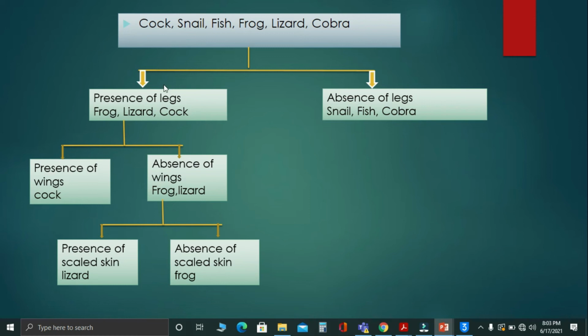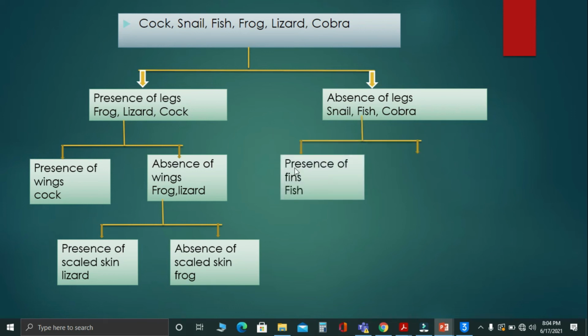Now this side is divided until one animal remains. On the other side there are three animals remaining in this box. So again we are going to divide these animals by using features.